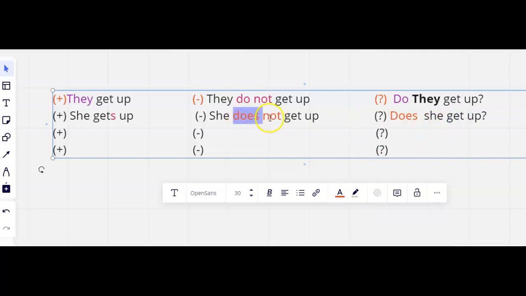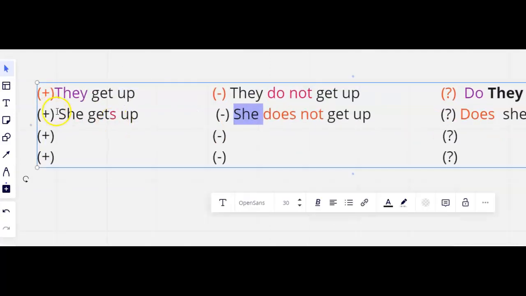Whenever you use auxiliaries, which are in negative sentences and interrogative sentences, you don't modify the verb for third person. It's going to happen only when you make an affirmative sentence. That's basically it.